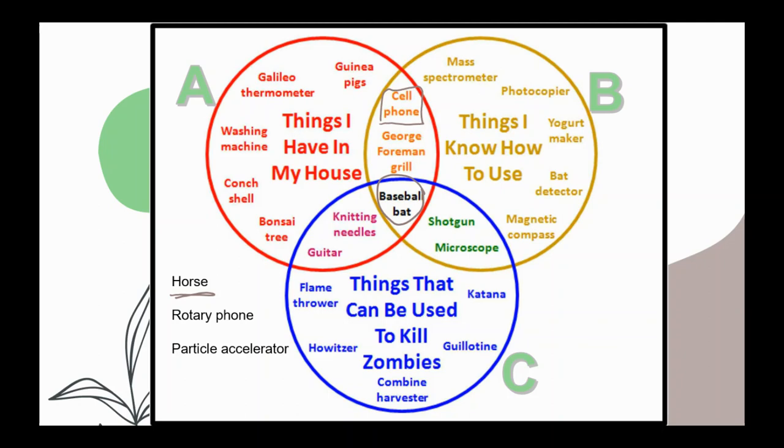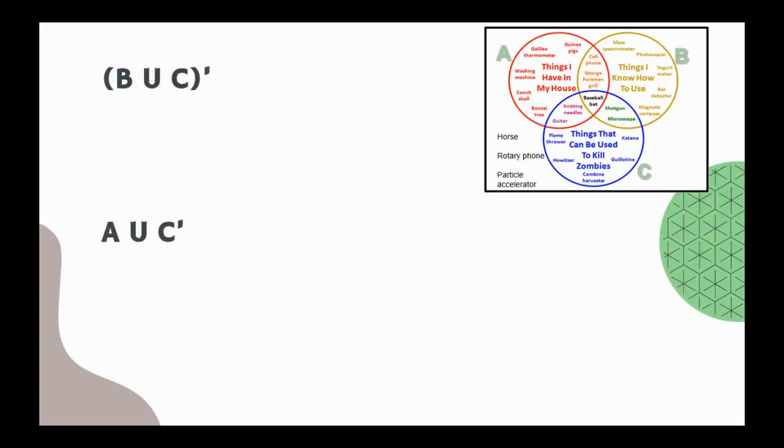So let's talk about what this looks like. For example, we're going to take the B union C, and then we've got that little apostrophe, which means the complement. So what this means is we're going to take all of the things or all of the elements that are not in B and C together, okay?